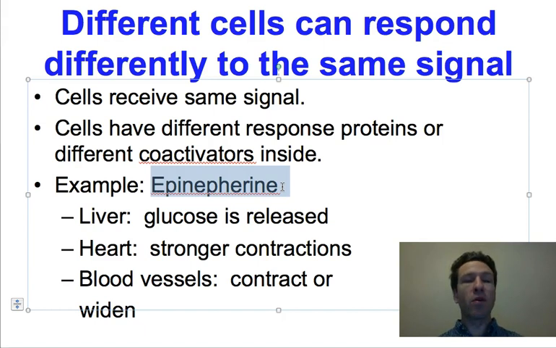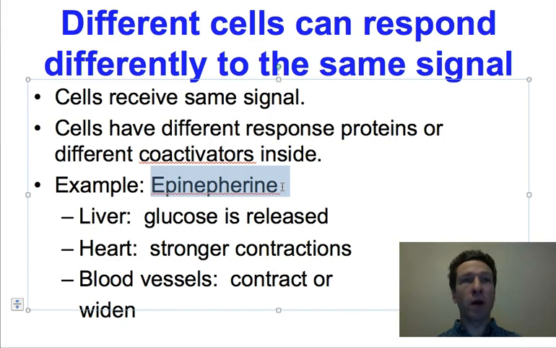So this is a hormone released when one is scared or surprised. And if one is scared or surprised, then the body needs to do several different things. For example, it will need more energy sources. It will need to be able to move blood through the circulatory system faster.